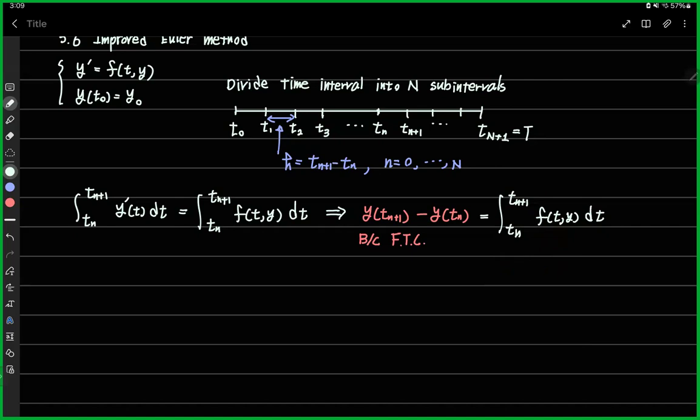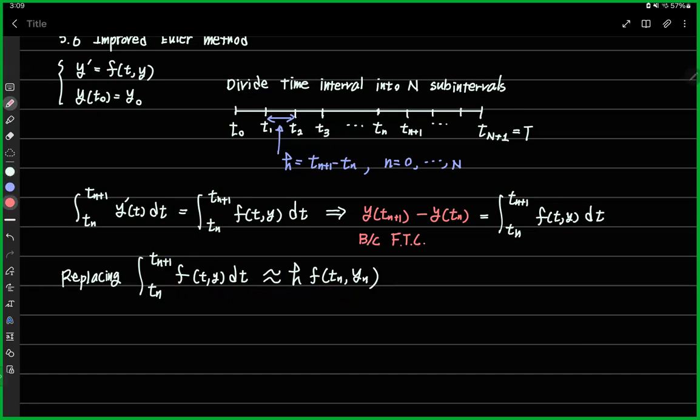So we just replace the right-hand side of this equation with this.